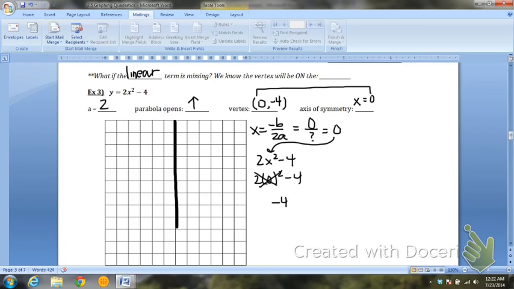So let's go ahead and draw our x and y axis. I'm at the point 0, negative 4: 1, 2, 3, 4. I'm going to label my vertex.